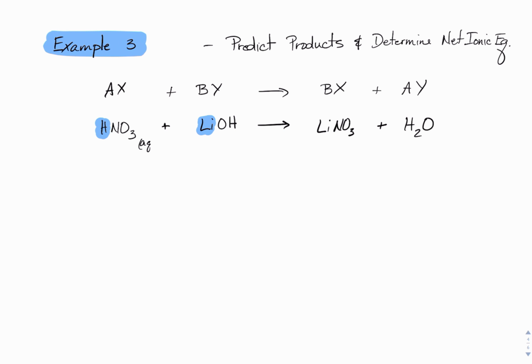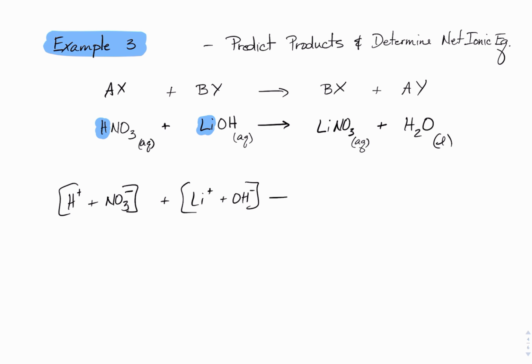Again, remember strong acids are aqueous, strong bases are aqueous, salts of both strong acids and bases are aqueous, and our water is a liquid. So for our complete ionic equation, we start with H plus and NO3 minus and bracket those. For our strong base, lithium plus OH minus, and bracket. Our lithium nitrate gives us Li plus NO3 minus, and then we leave our water.